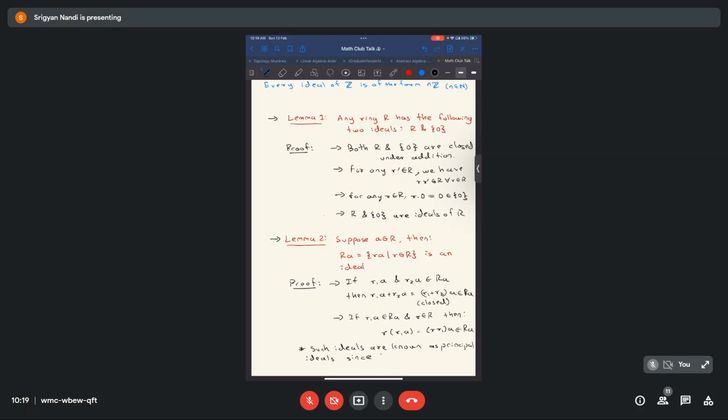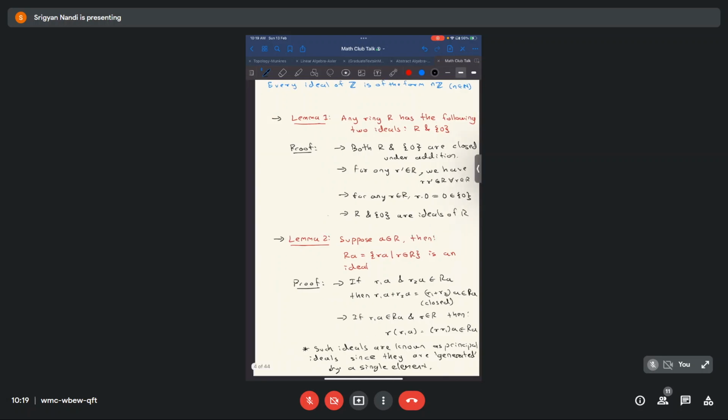In this case, it was a. But I will not use the word generated much since we don't really have a rigorous definition of what it means to be generated by a certain set. We'll use it as a loose term since they are generated by a single element.